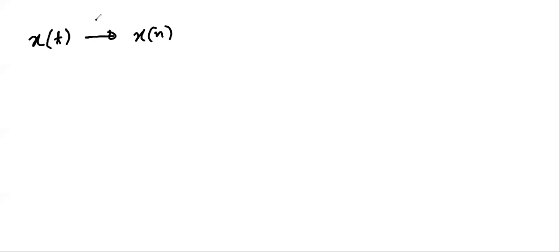Of course, you need to select your sampling frequency, and there are some conditions for choosing the sampling frequency to avoid the aliasing. Not necessarily the aliasing is always bad for the signal processing. Sometimes you can use the aliasing as well for the signal processing. Okay, probably we can talk about that in future classes.